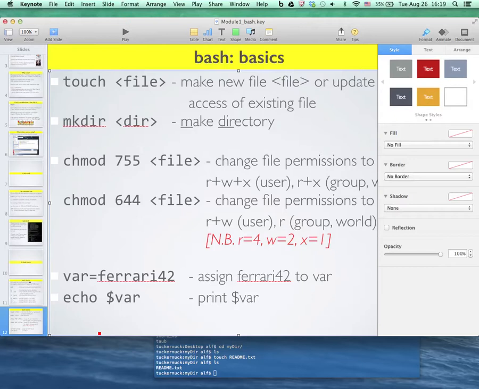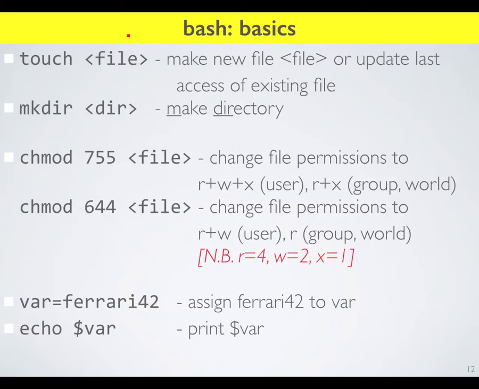So when you create files and directories, you need to be aware that they can have different permissions. And so maybe you are able to read and write to a particular file, but the rest of the world cannot. So that's sort of the natural option: on your own particular system you have read, write, and execute privileges, but the rest of the world maybe only has read and execute privileges.